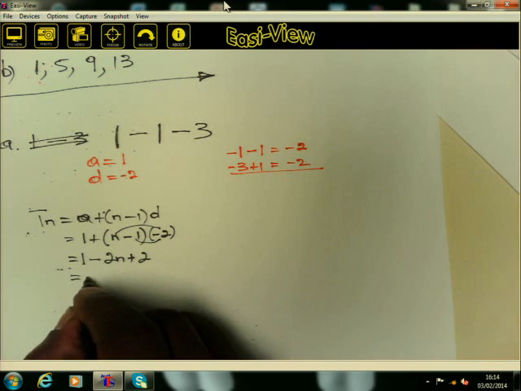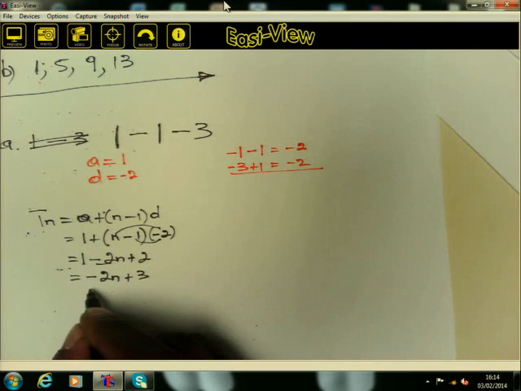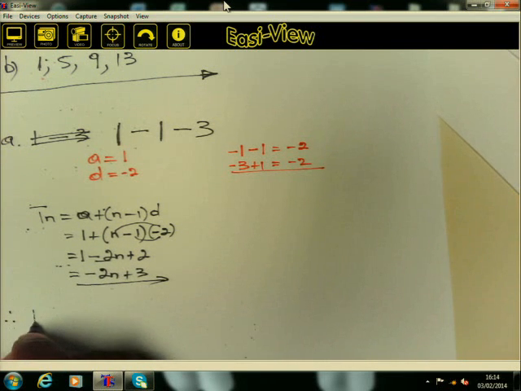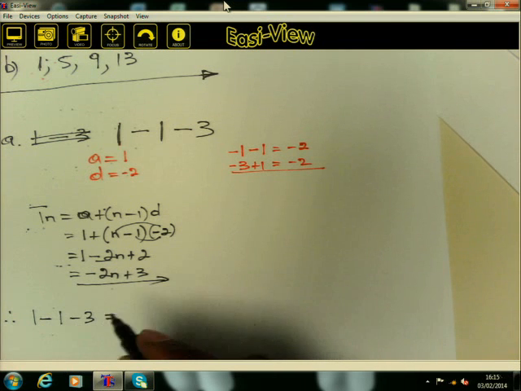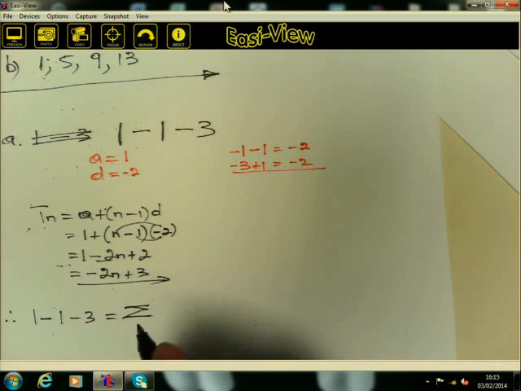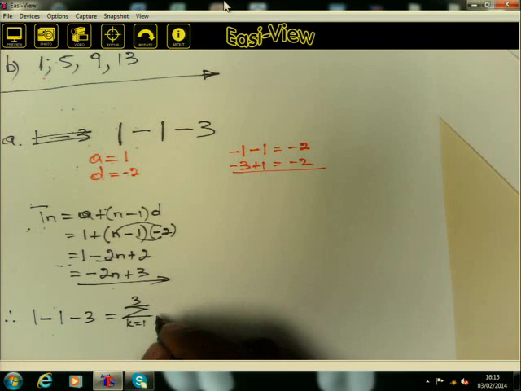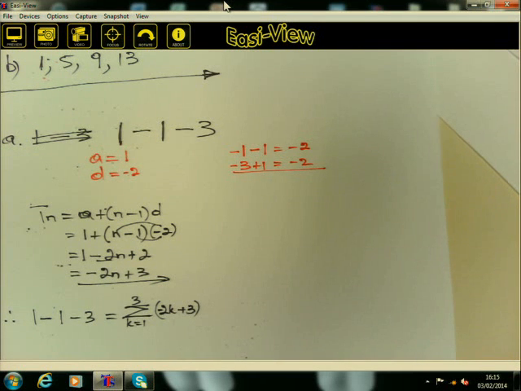So ultimately we have -2n added to 3. This is Tn. Therefore, it means 1 minus 1 minus 3 will be equal to the sigma notation, say k starts from 1 up to 3 of -2k plus 3. Then we have written it in a sigma notation.